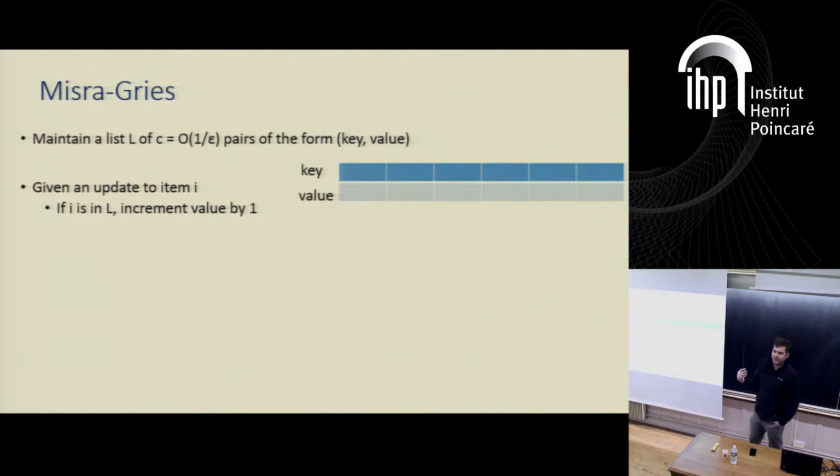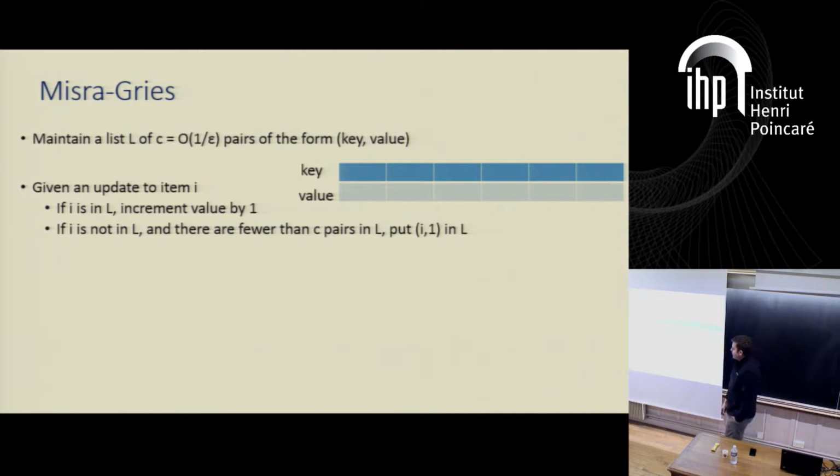So I'm tracking the count of item I. Similarly, if I does not occur in the list as a key, but there are fewer than C pairs in the list, which means this list is initialized to just a bunch of empty pairs, and sometimes in the stream I might have empty pairs out of these C possible pairs. So if I have room to put I, then I put the key I comma 1 in the list. I start tracking it.